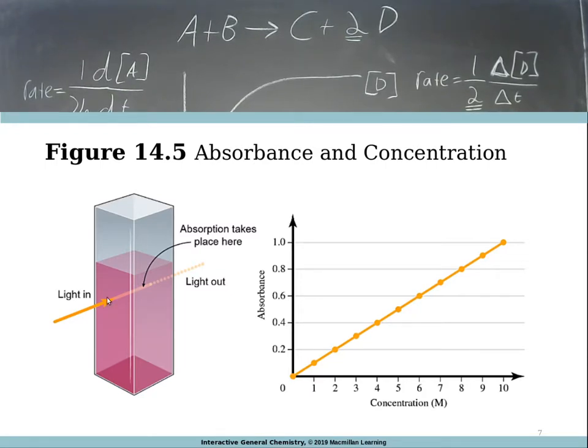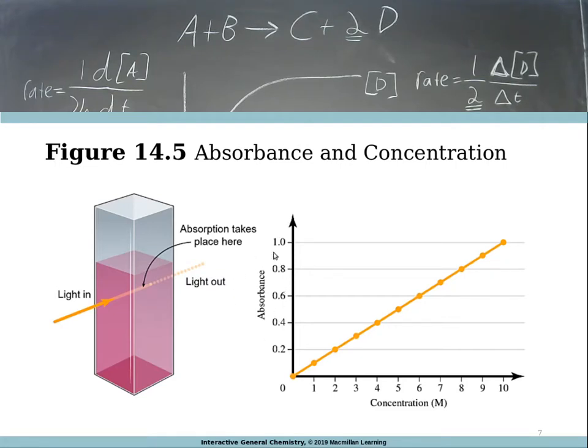And so if you've got it connected to a computer, then it can measure the absorbance several times a second. Even if a reaction takes place rather quickly, over a matter of 10 or 20 seconds, you'll probably be able to get enough data points to really see good changes in the concentration of your colored species. So we can take the amount of light in and the light out and convert that into a value called absorbance.